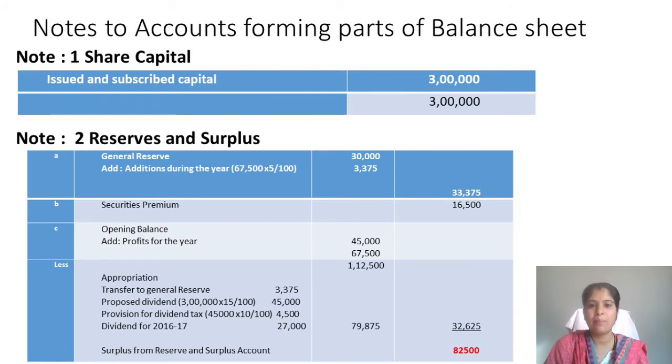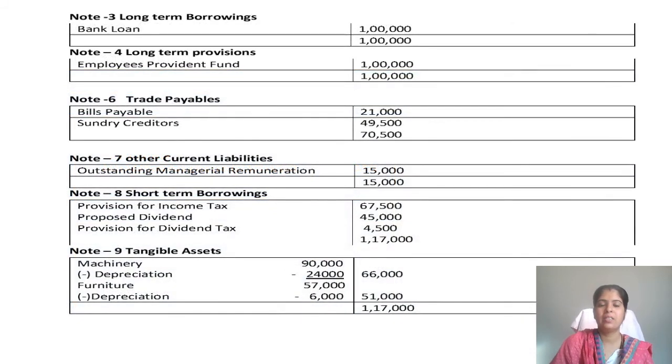From that, less appropriation of 79,875, the difference is 32,625. Altogether, 33,375 plus 16,500 plus 32,625, the total of the reserves and surplus account is 82,500.